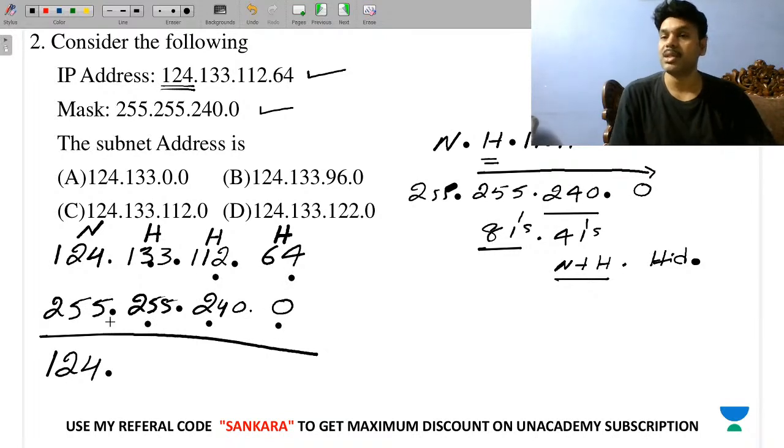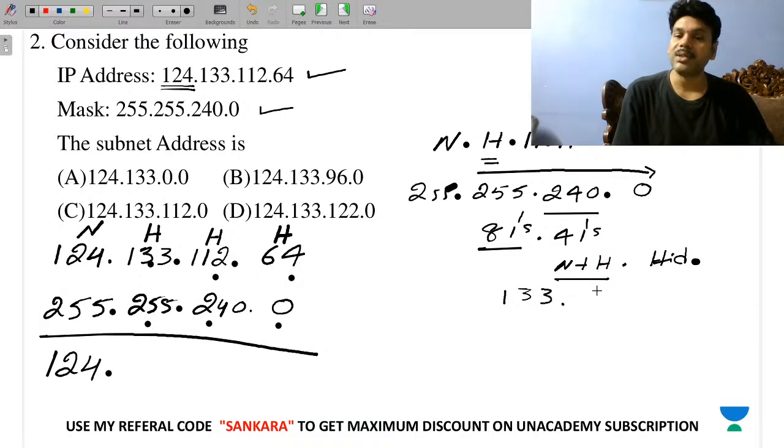You also will get the same answer. And now the second and third octet are our intention. So write your third octet in binary, write your second octet in binary, and the last octet also in binary.